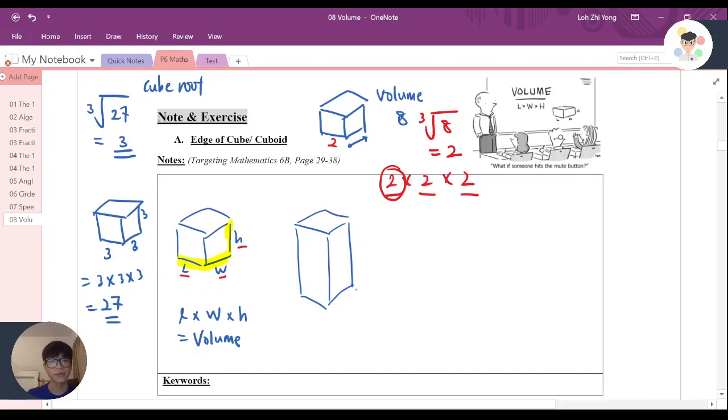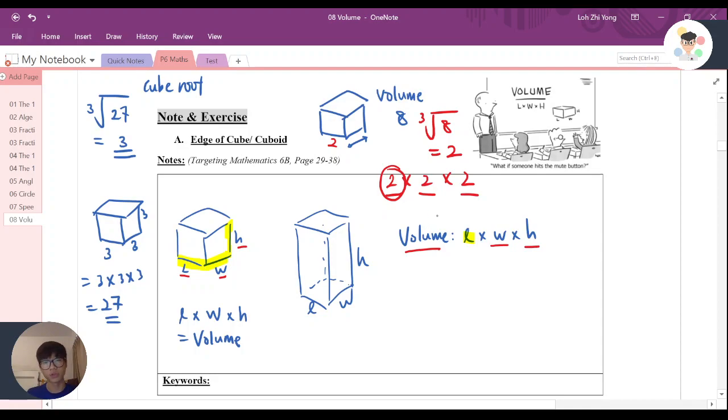Now, this is in the case of cube only. In the case of cuboid, it's the same thing: length, width, height. In order to find volume, I find the length times width times height. However, in the case of cuboid, the sides are not necessarily the same. That's why usually, if they want to find the length, they will give you the volume, the width, and the height.